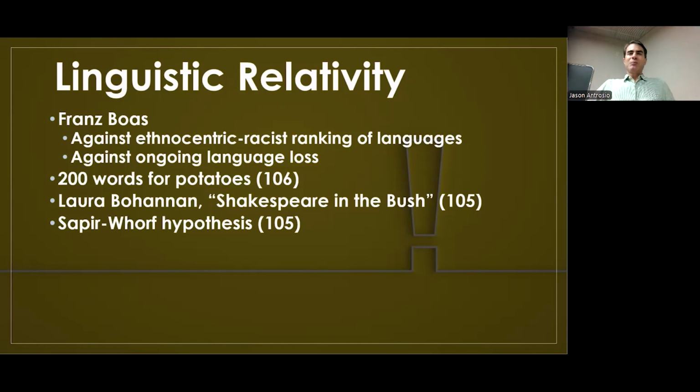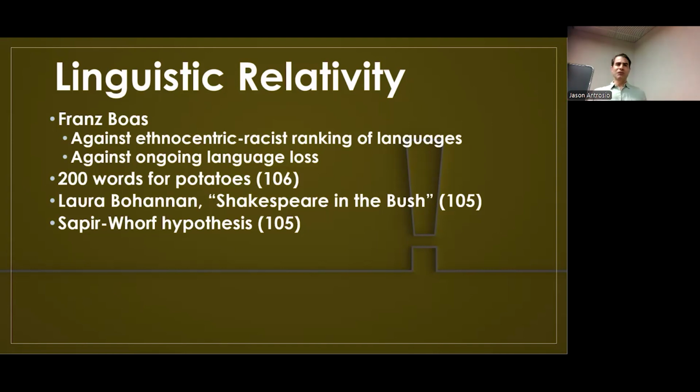Now, the problem with the Sapir-Whorf hypothesis is that it's very difficult to prove or disprove, and the evidence is going to be impressionistic. Did the Hopi live in a timeless society just because they don't have the same words? Or are the Aymara really that great at perceiving different kinds of potatoes because they have more words? Or could you go there and spend a little time, even if you didn't have the words for them, and at least say, oh yeah, I can tell this potato from that potato.